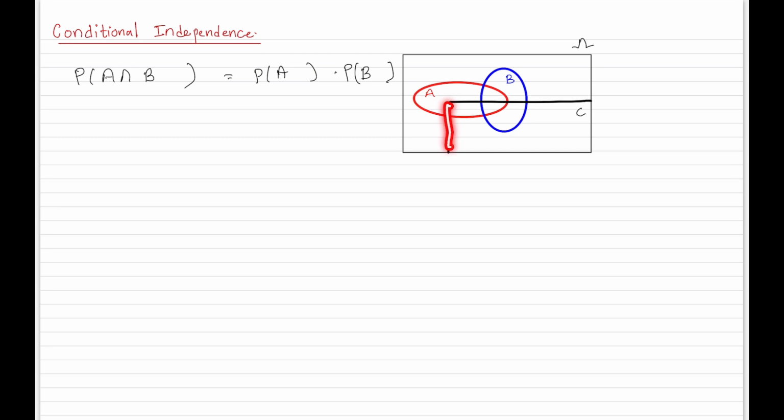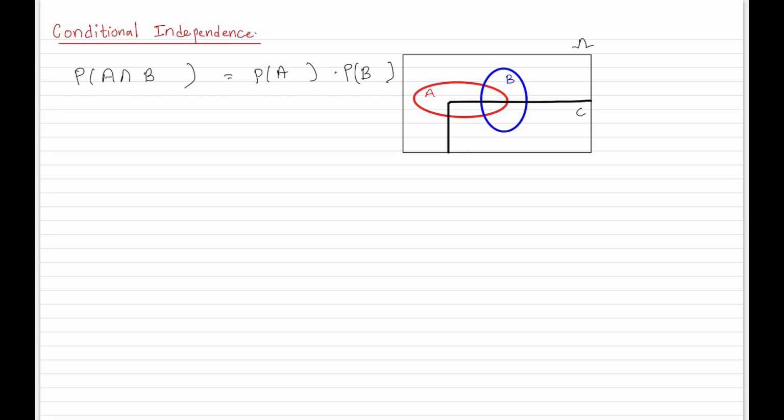Now let's suppose that I told you event C has occurred, and under this condition I want to check for the independence of two events, event A and event B. So what will be the definition for this conditional independence? We have seen that conditional probabilities are the same as ordinary probabilities but applied under a different situation.